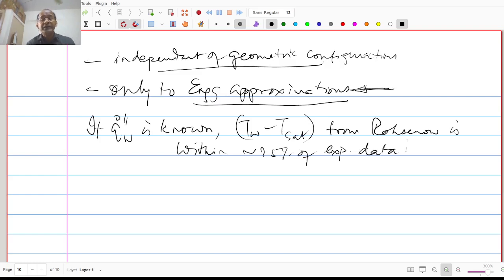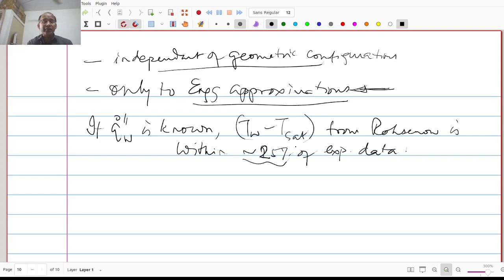Okay, so the deviation from experimental data is about 25%. So let's say if this predicts that the temperature difference is 15 degrees, the temperature difference can be anywhere between, let's say, 12 degrees to 18 degrees or 20 degrees. So that is the kind of accuracy that you get with this one.